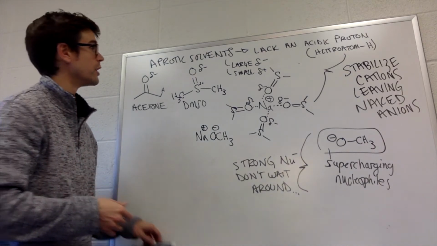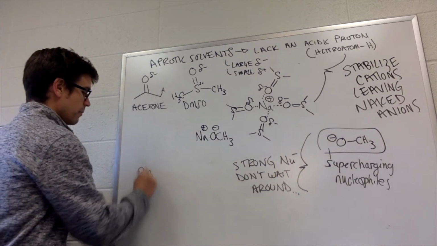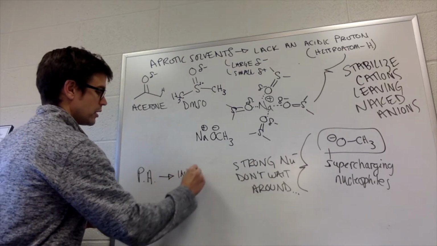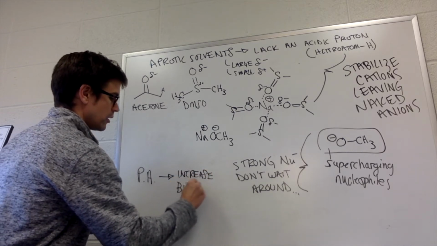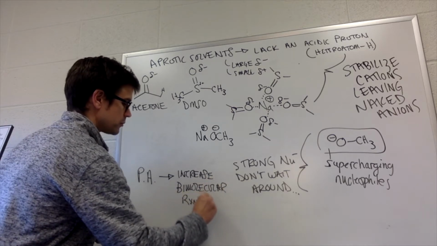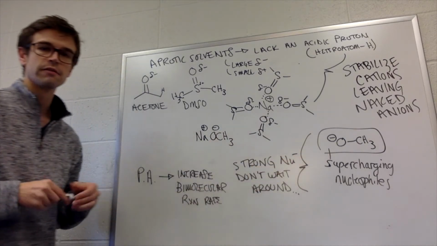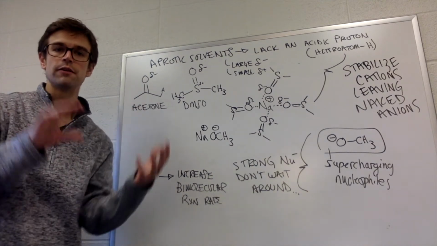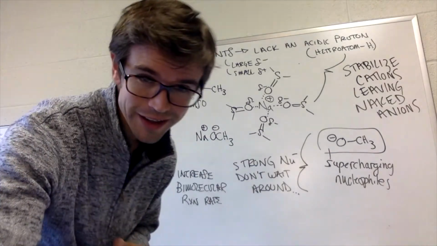So essentially, what we know then is that polar aprotic solvents increase bimolecular reaction rate by increasing the strength of the nucleophile. So that's how aprotic solvents differ from protic solvents. So hopefully that was clear. Let me know if you have any questions.